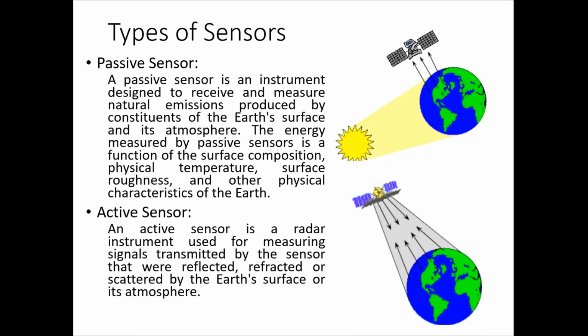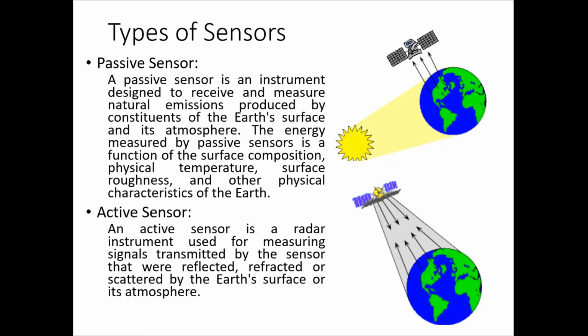Active sensors can be used to obtain measurements anytime, regardless of the time of day or season, right? And they can be used for examining wavelengths that are not sufficiently provided by the sun, for example, microwaves, or to better control the way a target is illuminated, right?